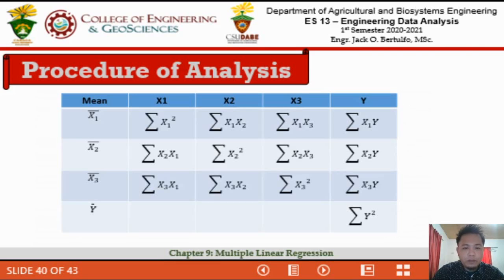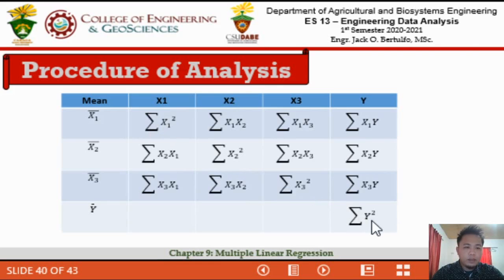So this is the summary. The values to solve are the triangle ones: the corrected sum of squares for x1, x2, and x3, then y.